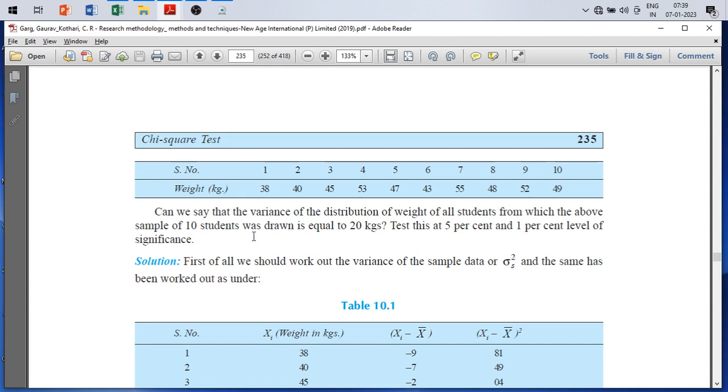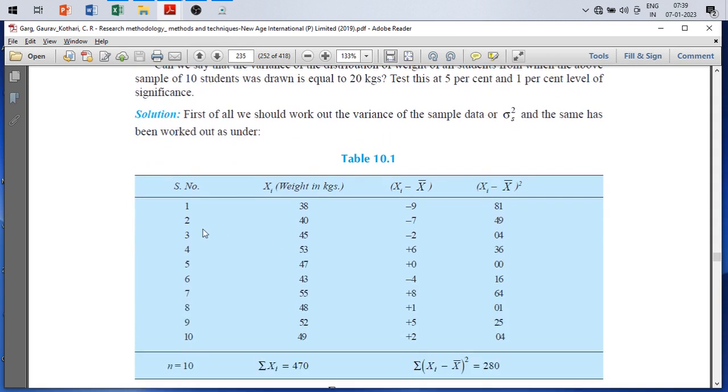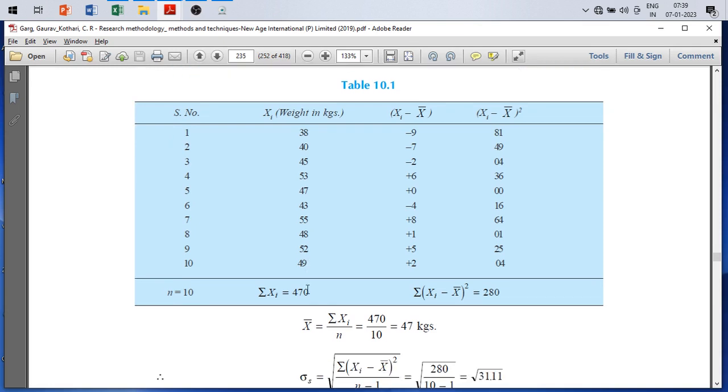Okay, so we have to use the chi-square test, and in this case, if you like, you can construct a table like this. You are given a sample of size 10, so x1 to x10. First you work out the mean x bar, which is sigma xi over n, turns out to be 47 here.